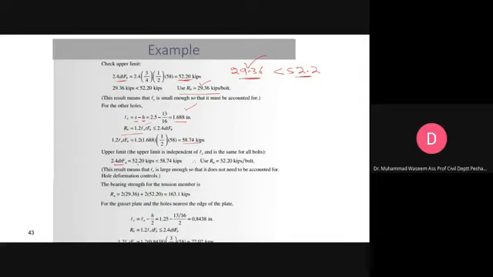The upper limit is 52.20. Now the calculated value is greater than this limit, so it cannot exceed this value, so we will stick to this value. Let me write here.